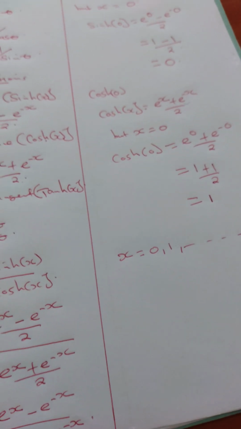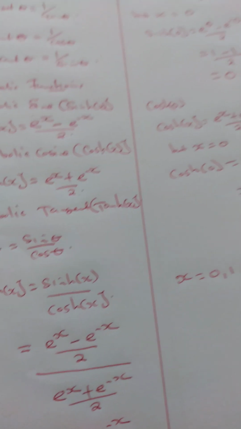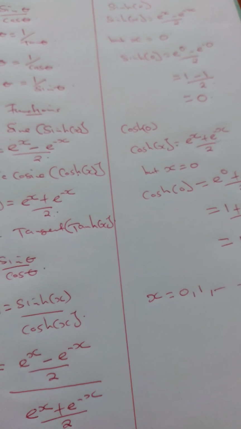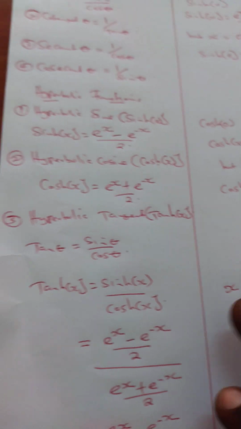Now, after we have looked at these three hyperbolic functions and some examples, let's look at the hyperbolic identities.